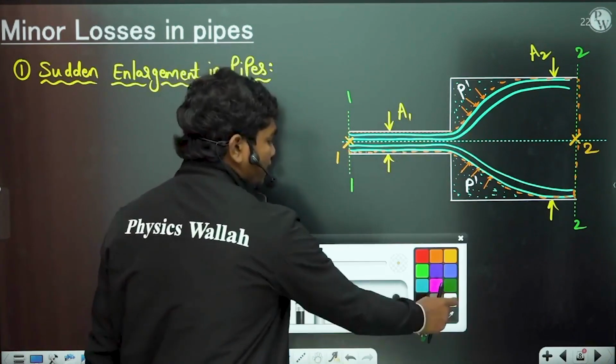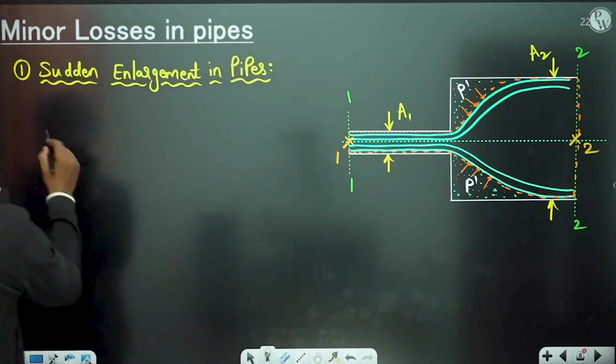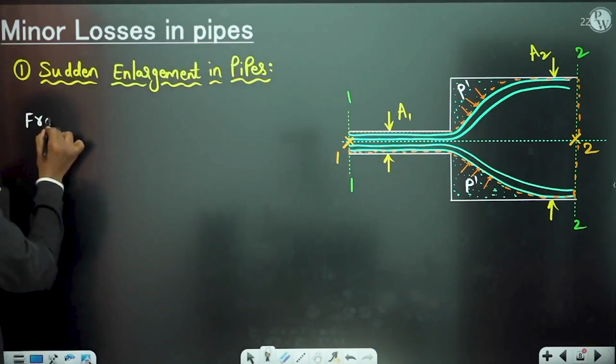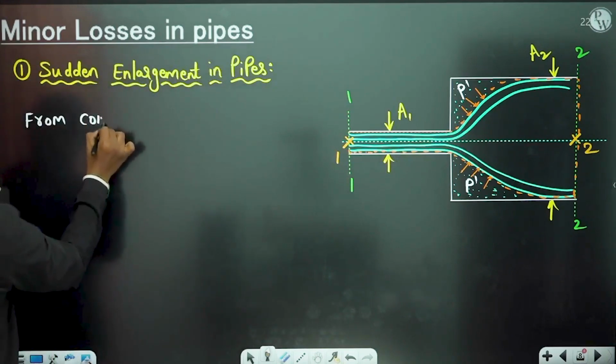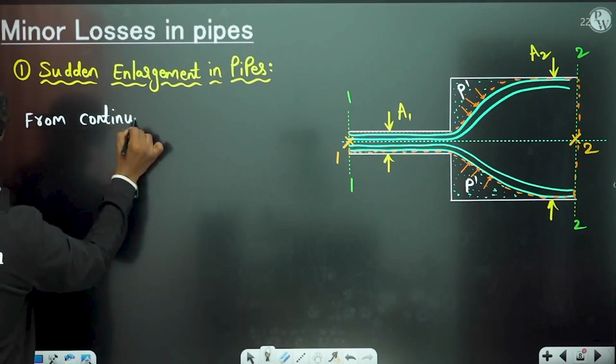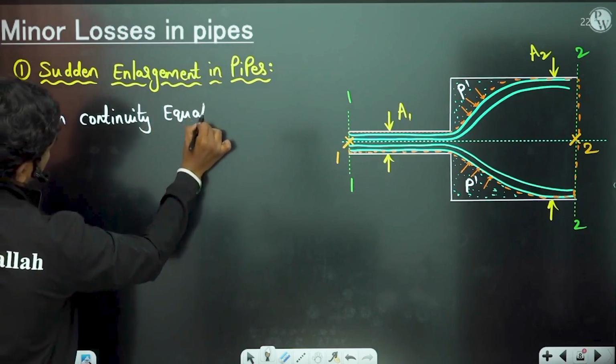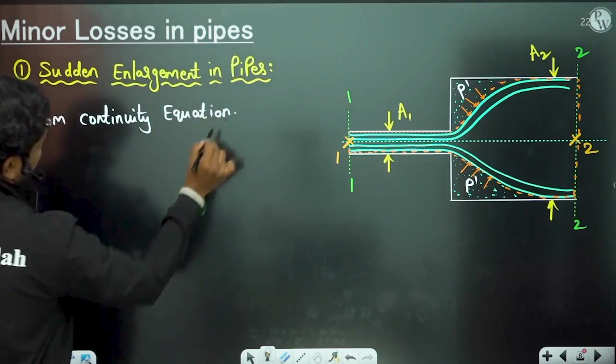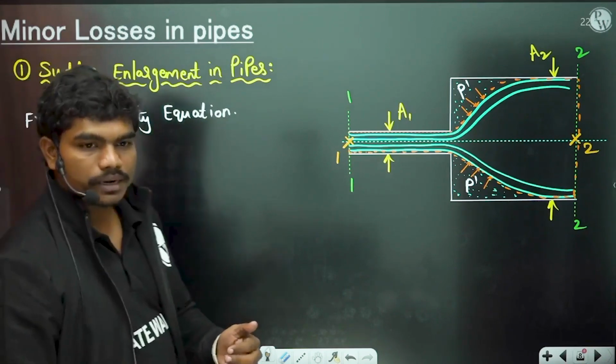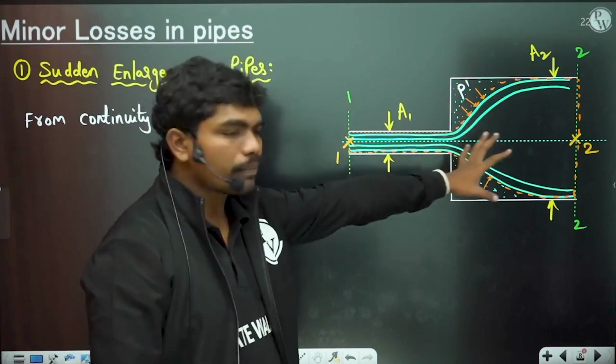First of all, from the continuity equation, since the flow is incompressible, let us suppose there is some velocity of the flow but not at Mach level.